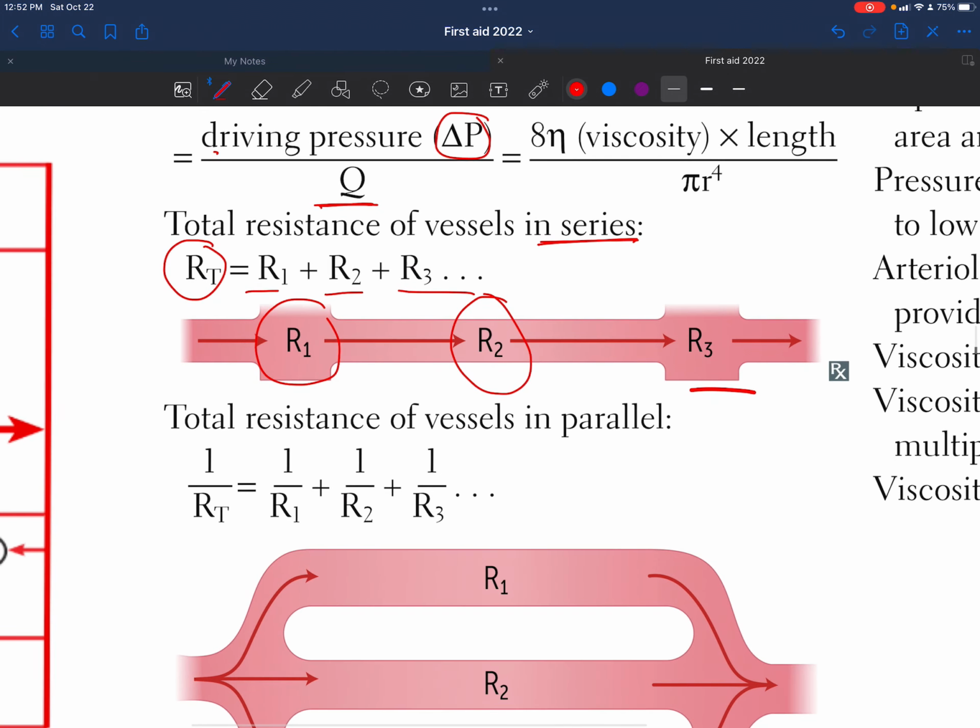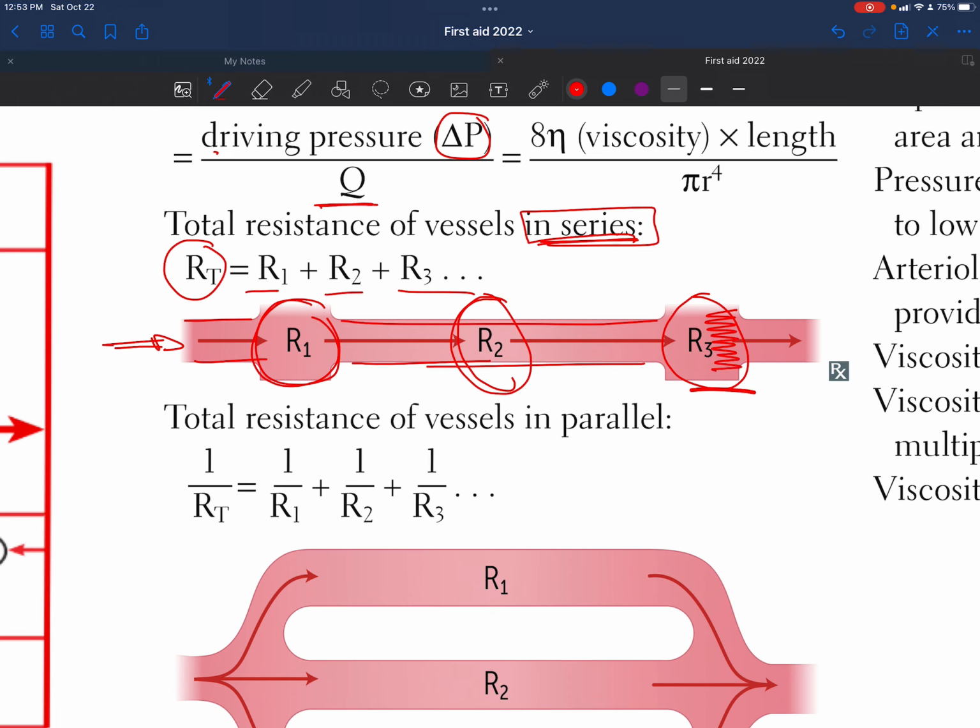Let's talk about this in series first. If this is blood flow coming into this long huge vessel, and it's going in only one direction, passing each resistance and then following to the next one and then to the third one, this is the series connection of the resistances.